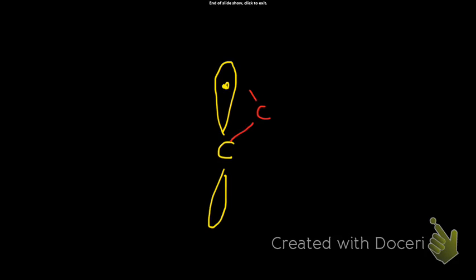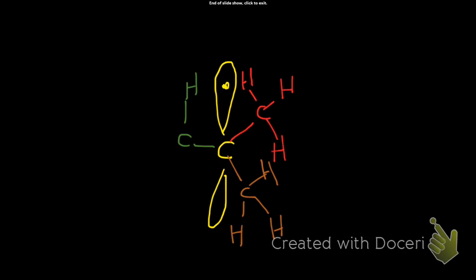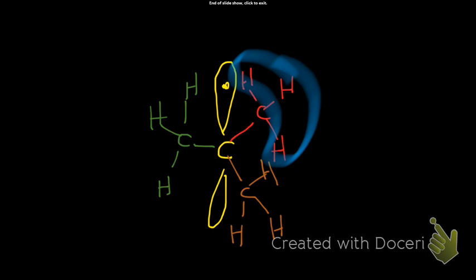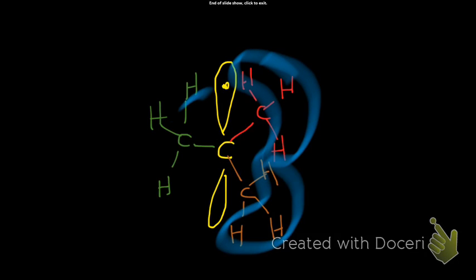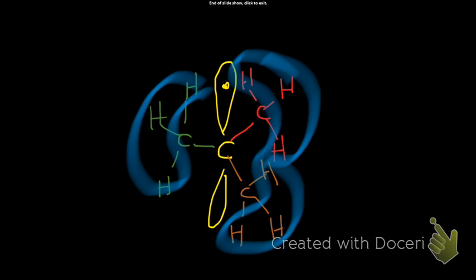We have 1, 2, 3, 4, 5, 6, 7, 8, 9. We actually now have, instead of just having 3 hydrogens around, we have 9. And since this is in 3-dimensional space, all 9 of these can help lend a hand, so to speak, to this partially filled p orbital.